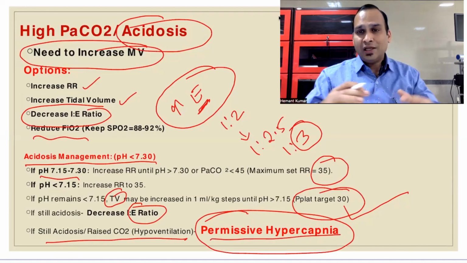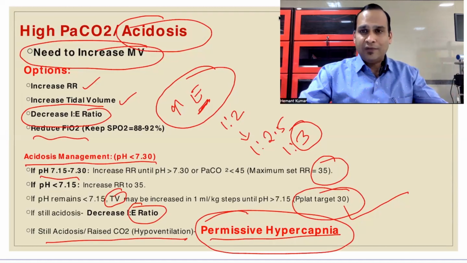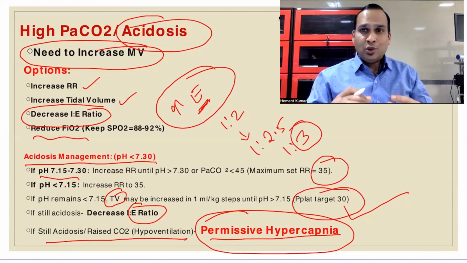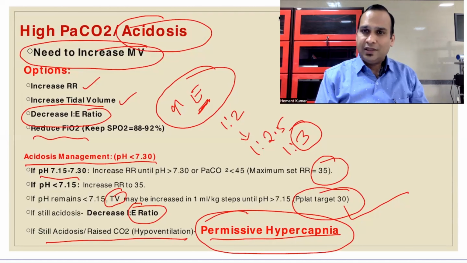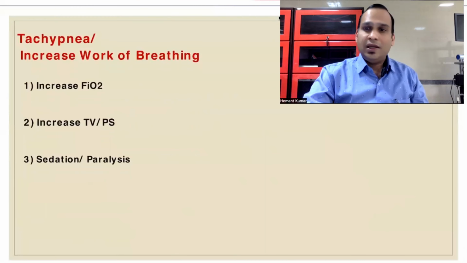It means we are allowing hypercapnia to occur because we want to keep our plateau pressure below 30. But there should be no contraindication for hypercapnia, like raised ICT. If there is, we have to give bicarbonate to increase pH. Otherwise, we can allow permissive hypercapnia.